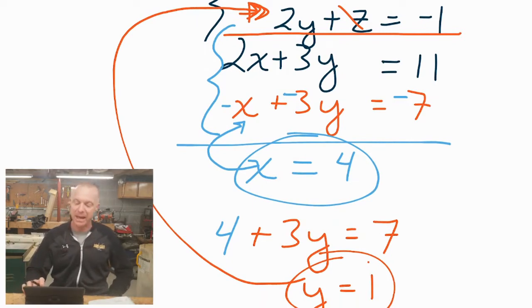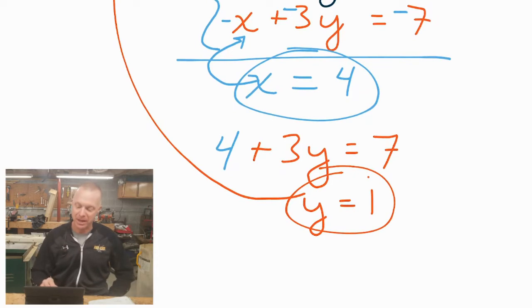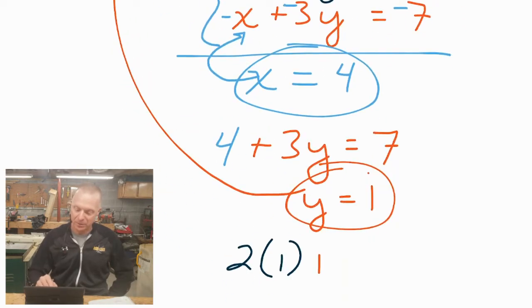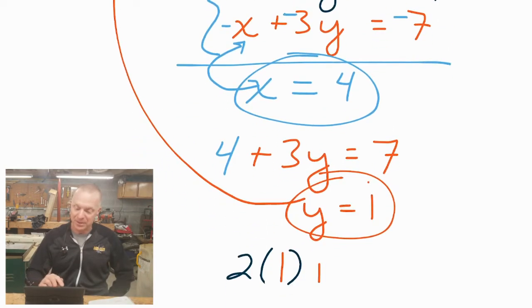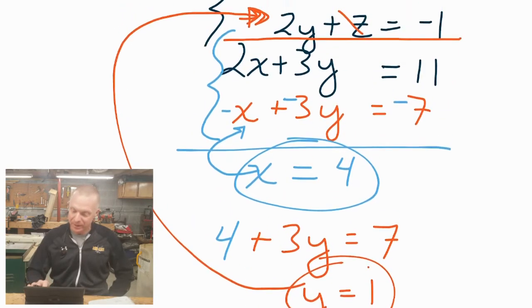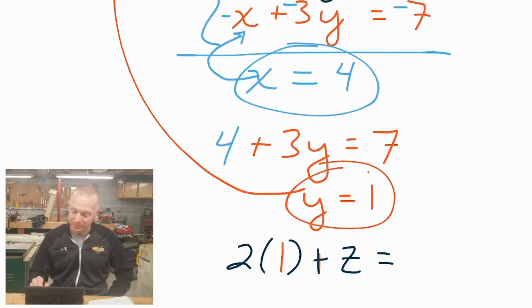And when you do that, you pretty much end up with your answer. You plug a 1 in there for y, but I still have a plus z, and that is supposed to equal -1. So of course that means z equals -3.